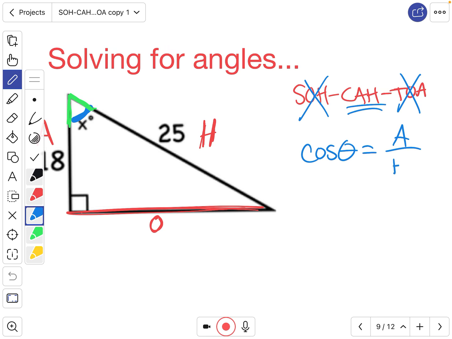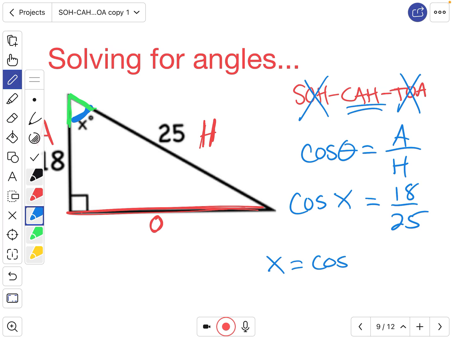So if I set up my equation, cosine of any angle equals the adjacent over hypotenuse. Here, my theta is just x, so I'm going to represent it as x. So cosine of x equals the adjacent side, which is 18, over the hypotenuse, which is 25. Now, any time you're solving for an angle, that's when we use what's called the inverse trig functions.